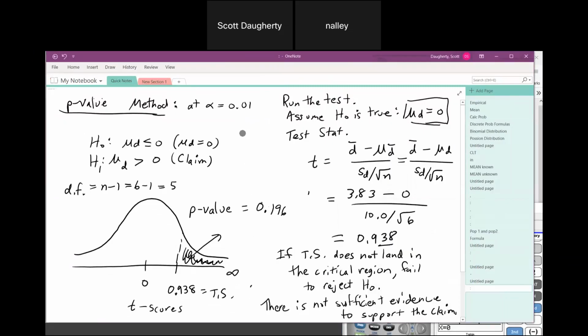And then you compare the p-value directly to the significance level alpha. And so here you can see the p-value is greater than alpha. Whenever that happens, you fail to reject the null hypothesis. So if the p-value is greater than or equal to alpha, then you fail to reject the null.